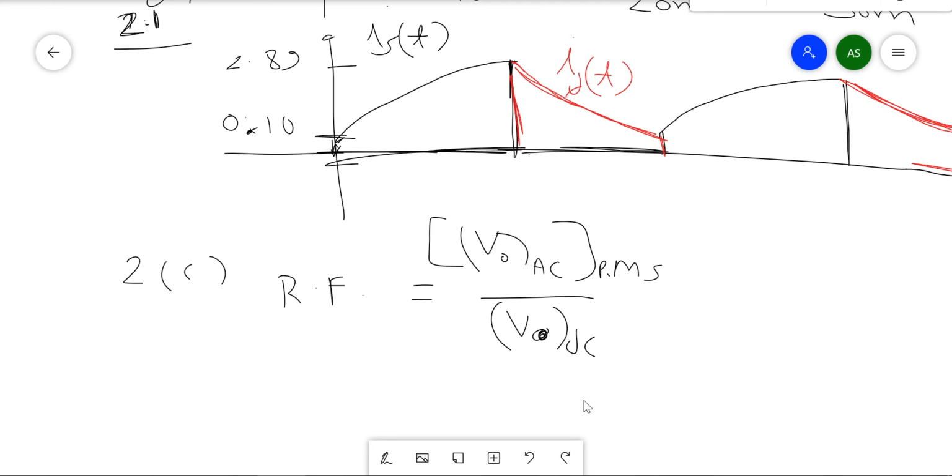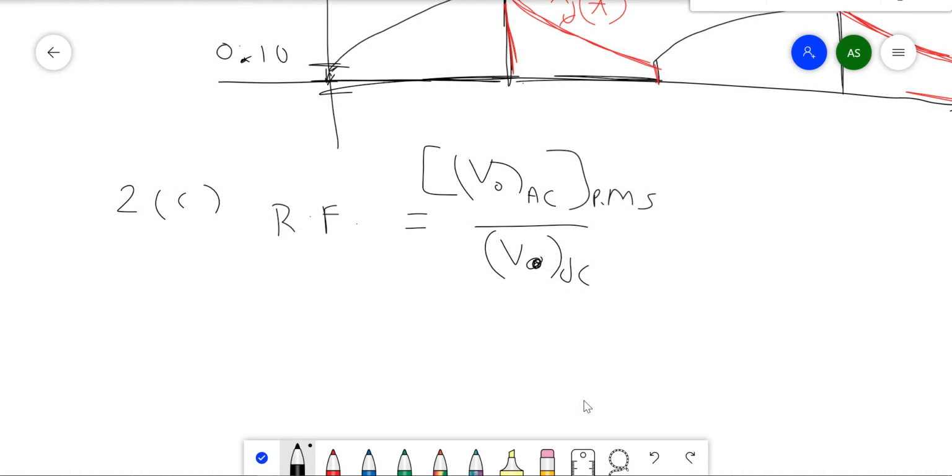There is another thing which is peak ripple factor. Peak ripple factor is actually much easier to calculate, in which you need the V peak to peak value of the output voltage divided by the DC value of the output voltage. This is also a very famous parameter.